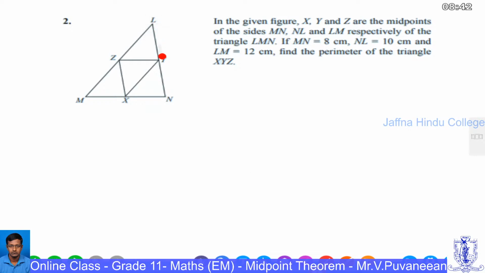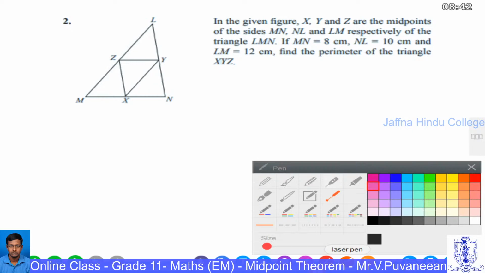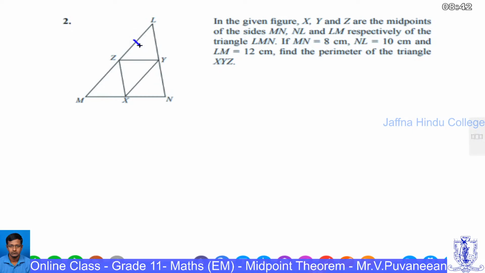The midpoint of LN is Y, the midpoint of MN is X, and the midpoint of ML is Z. So 3 midpoints of 3 sides X, Y and Z, that is given.